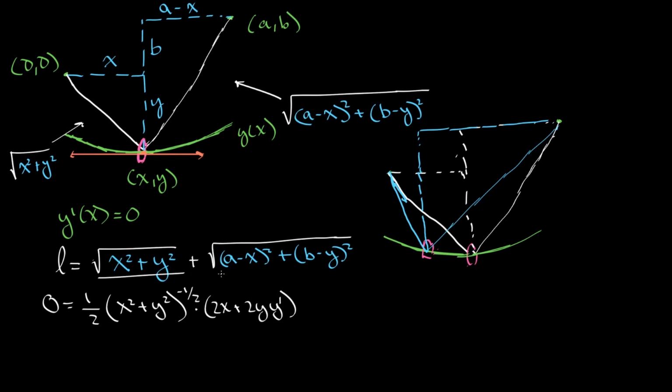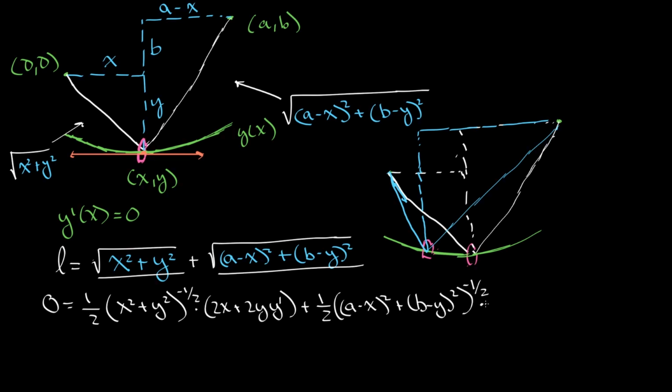And now we have to take the derivative of this thing over here. So we have plus 1/2 times this whole thing. So we have (a minus x) squared plus (b minus y) squared, and then this is to the negative 1/2 power now. And now by the chain rule, we have to take the derivative of the inside, and we're going to end up applying more chain rule.